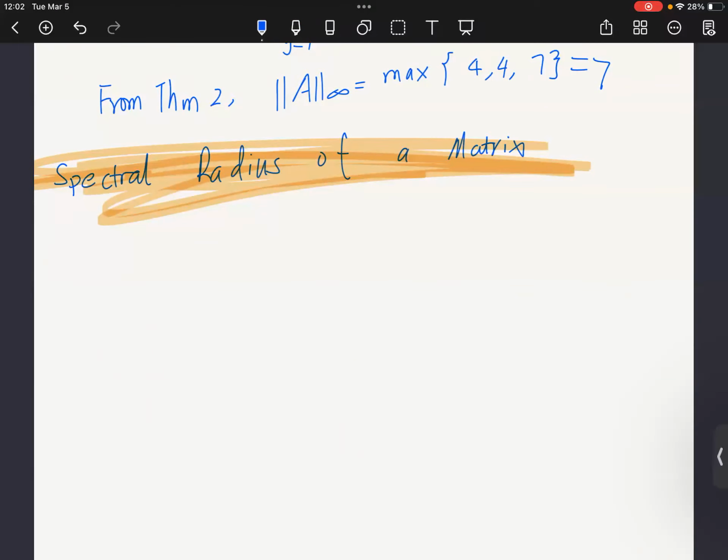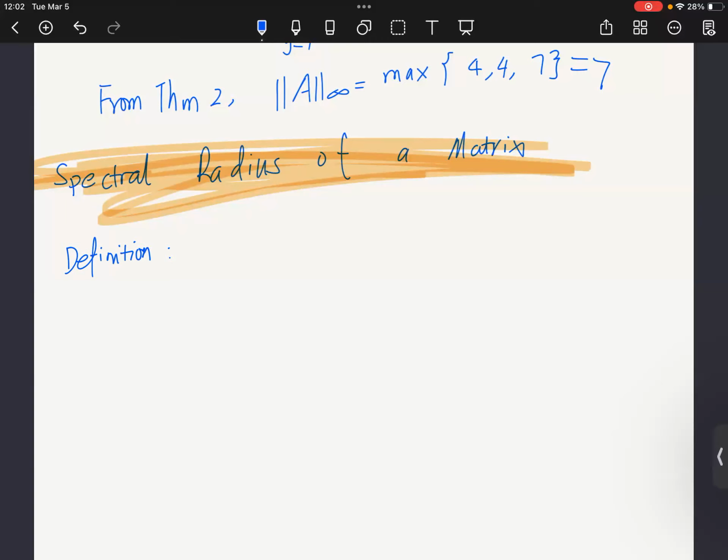Before I give you the spectral radius definition, I need to mention something about eigenvalues and eigenvectors first, because we are going to use the eigenvalue to define the spectral radius of a matrix.